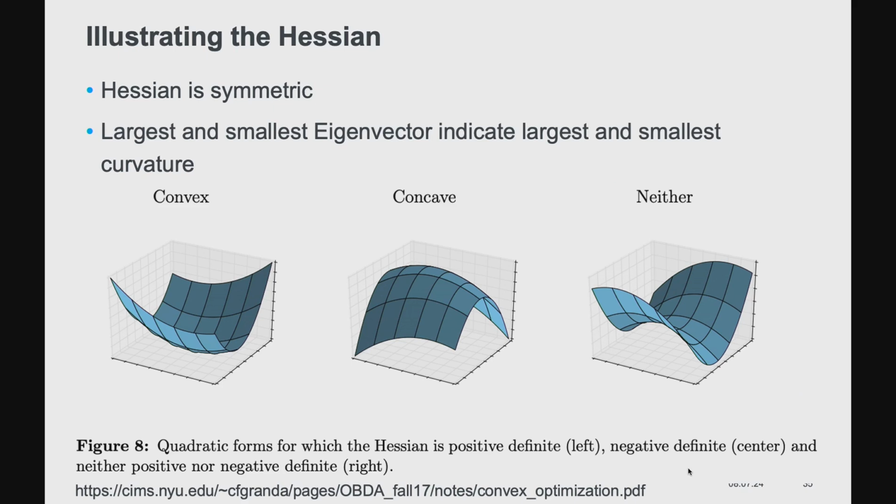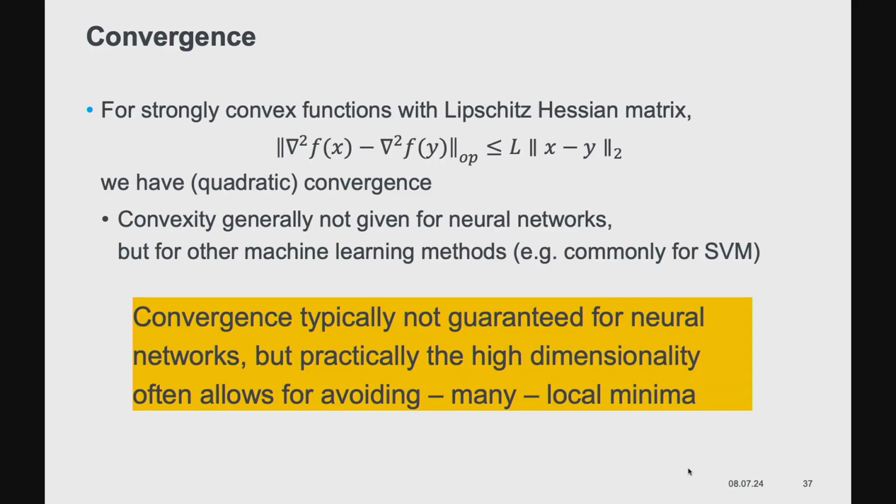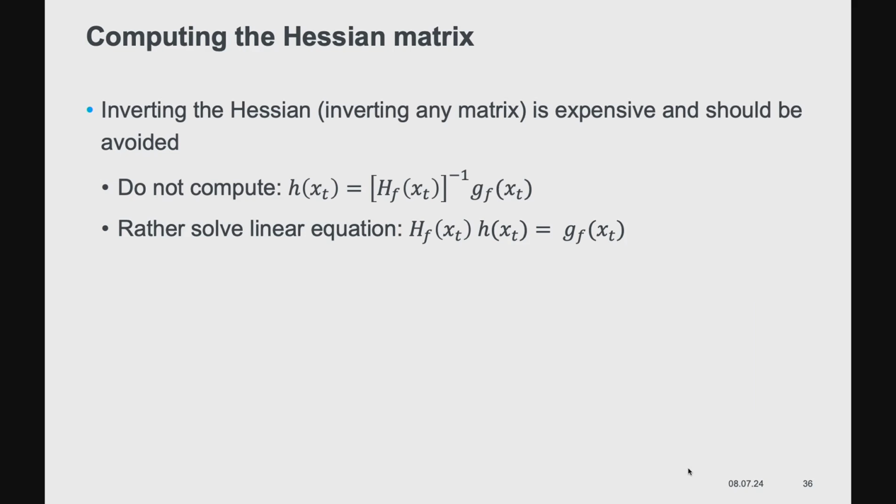The Hessian can be investigated for what kind of eigenvectors it has, and from that one can look at the curvature, whether it's convex or concave. That then gives us nice results. Typically it's neither, and the way we should compute it is by solving a linear equation system.